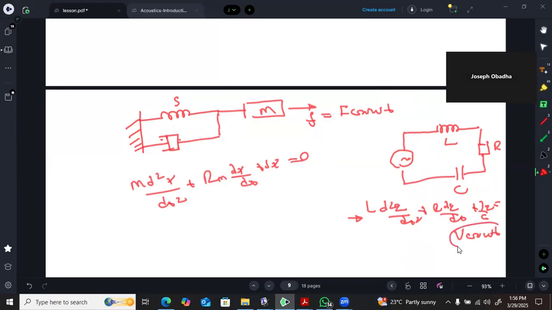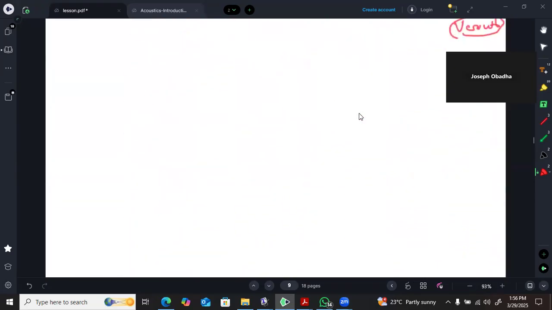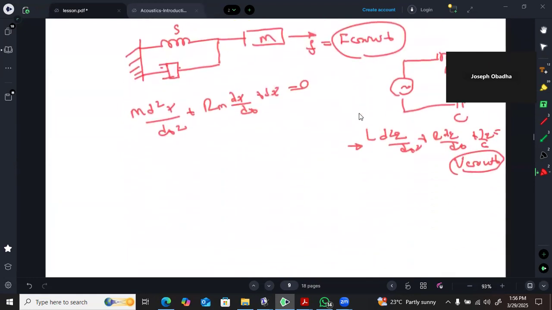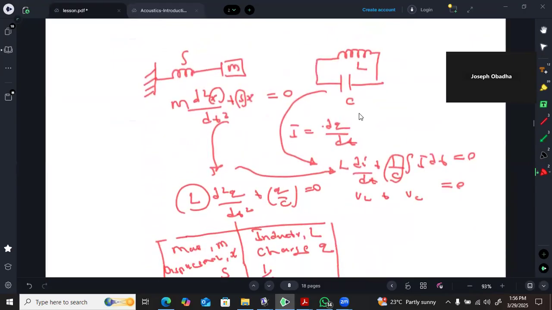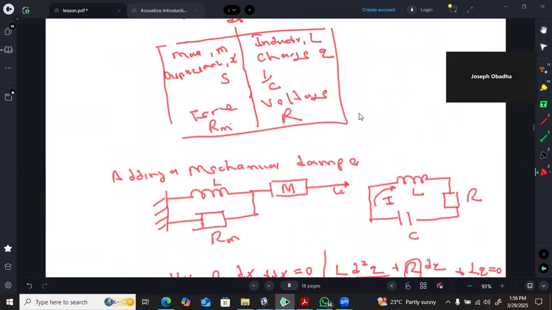So that the voltage in the electrical circuit is equal to the force in the mechanical circuit. So that part of the analogy is included in this particular diagram. I've done the force-voltage analogy. It is possible to continue studying this analogy.